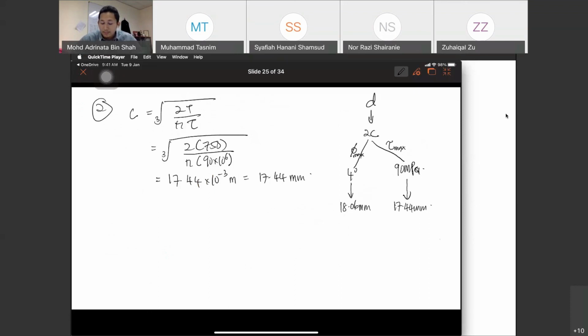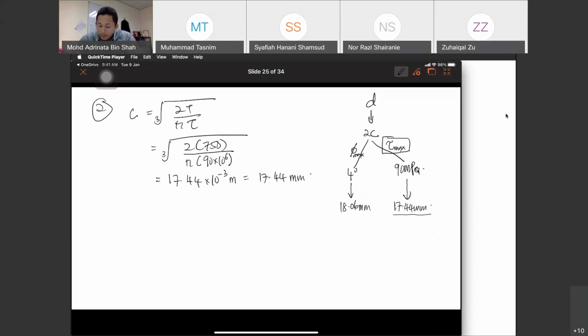Okey, jawapan dia, if we use diameter of 17.44, yang ini diberikan tau maksimum, and then you got the answer C equals 17.44.